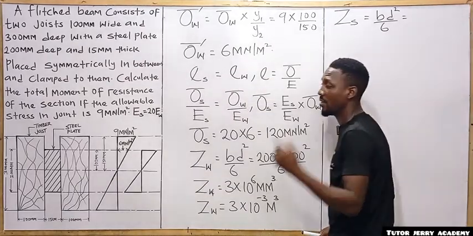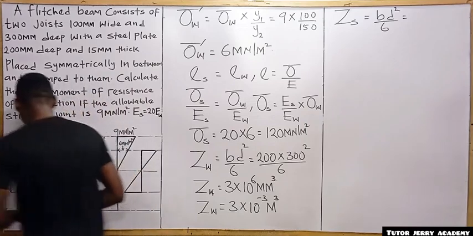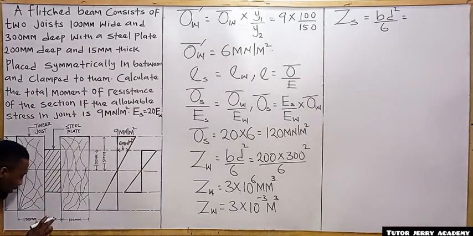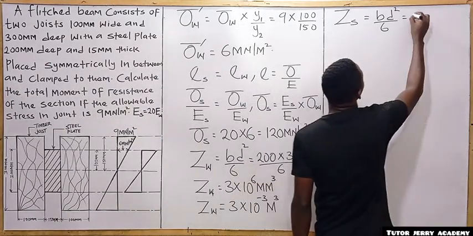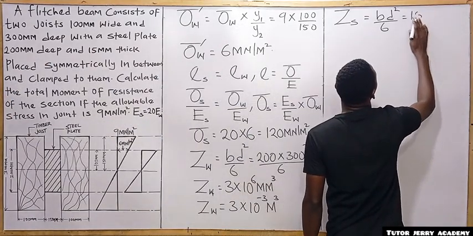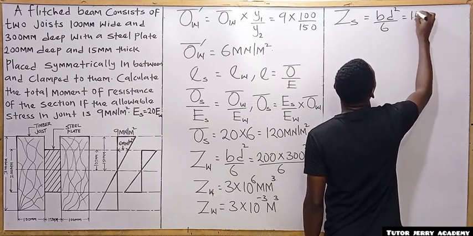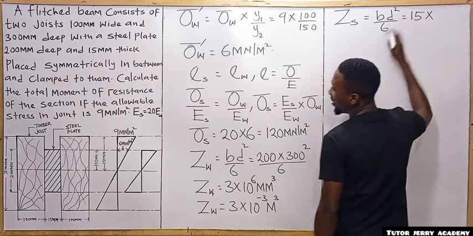That was a mistake. There's no centimeter there. That should be mm. Please, let's correct that. So here we are going to have 15 multiplied by the depth. What is the depth?